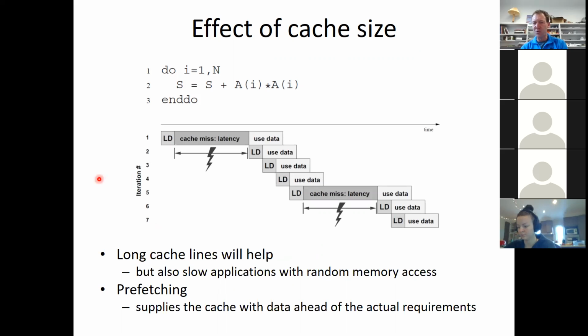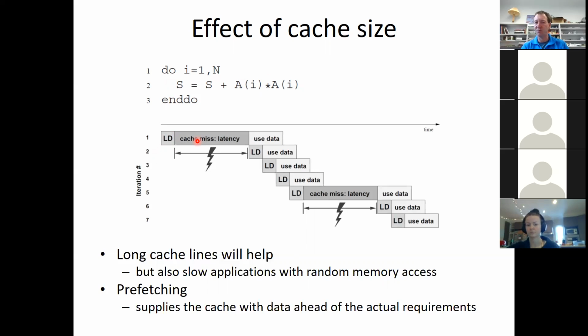So how does this work with the cache line in an example like this? The first time we access this loop, we have the load operation, and when we load this A of I, we have a so-called cache miss. The particular data is not in our cache, and therefore this is called a cache miss. It's not present, so we have to go into a higher memory hierarchy.